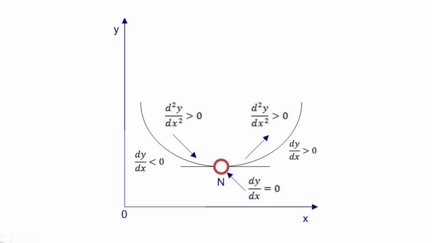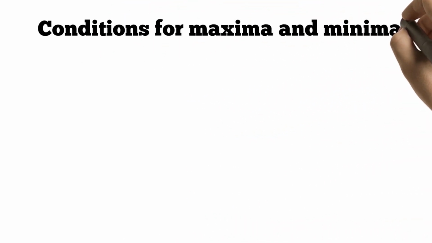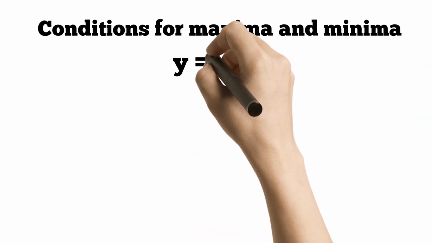And after attaining a minimum value, the first derivative is greater than 0 and the second derivative is also greater than 0. We finally end up with a convex curve. Therefore, we have the conditions for maxima and minima for a function y = f(x).